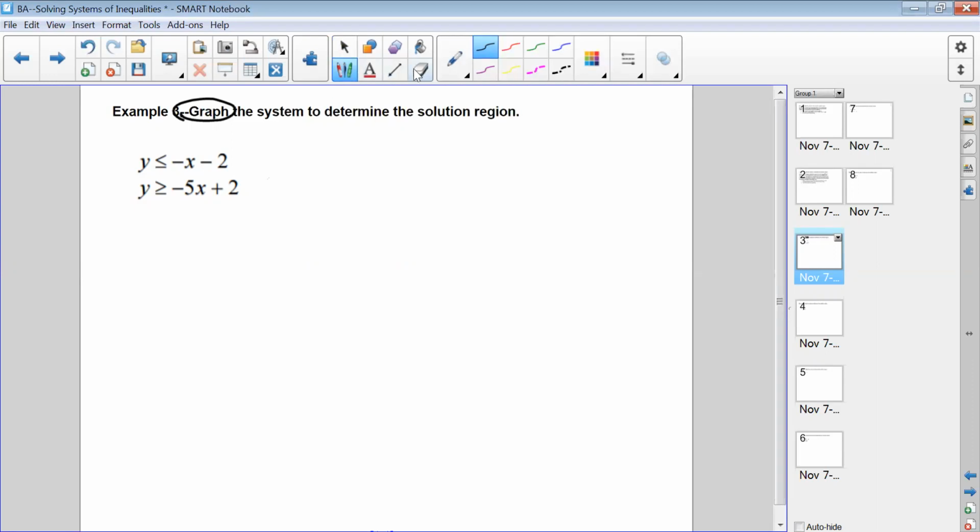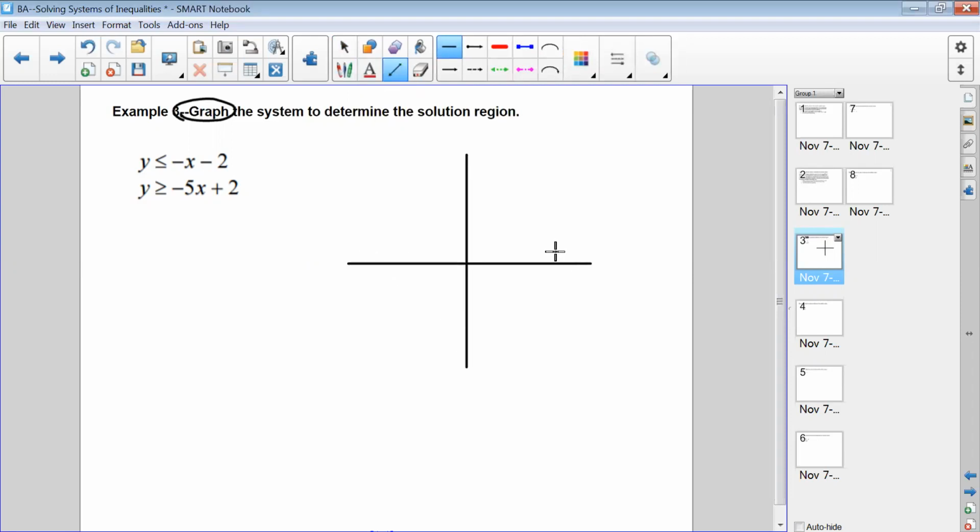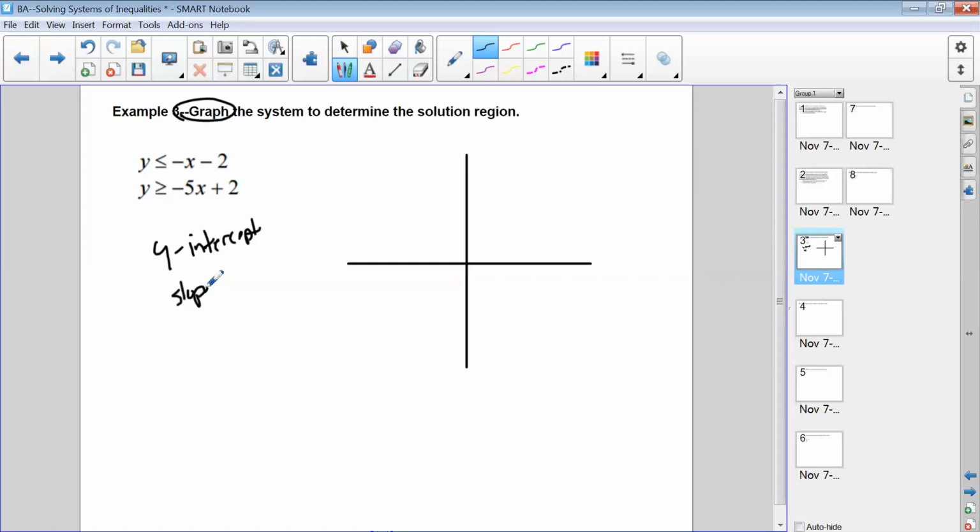So what we have is our XY plane, and our goal is to put every inequality in slope-intercept form. Y-intercept form and slope-intercept form are the same thing.